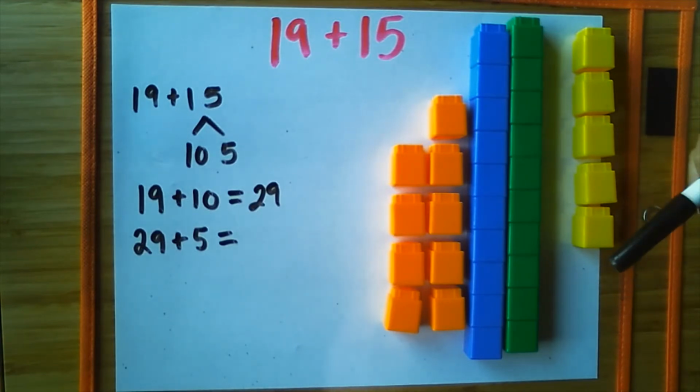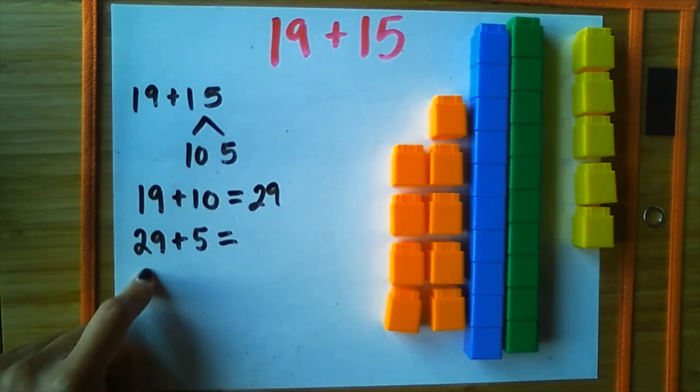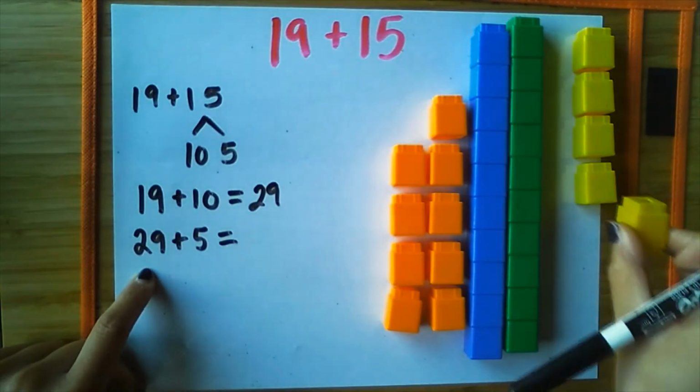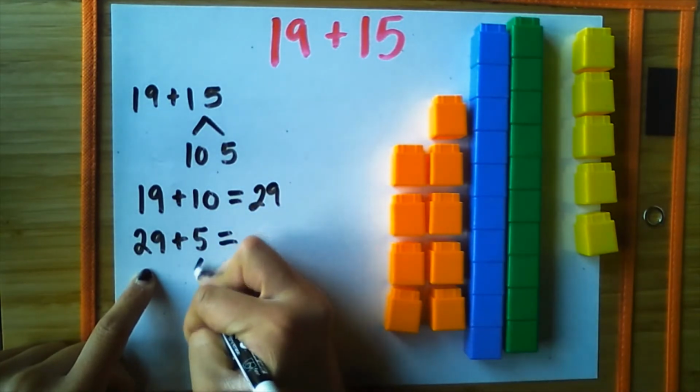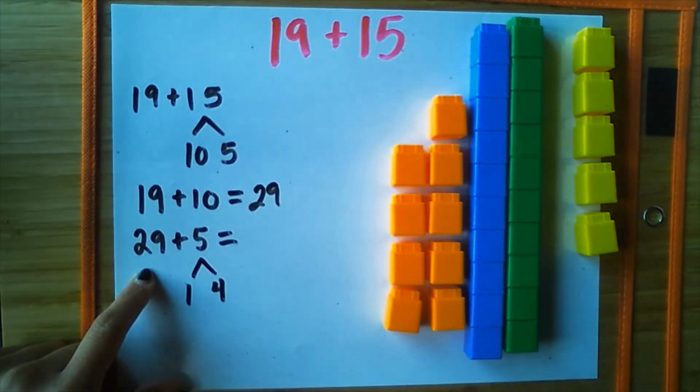Counting on is one way to get to the solution. But there's a slightly different way that we can try. We know that 29 needs one more to make 30. So I'm going to take 1 from the 5 here, and I'm going to show that in my number bond. I'm going to show 1 and 4.